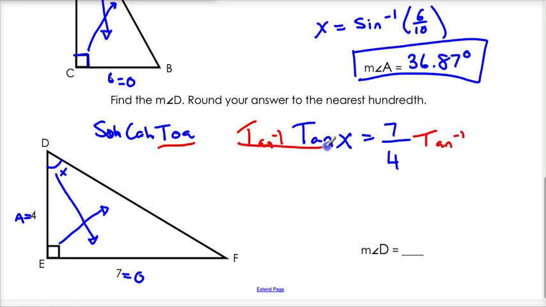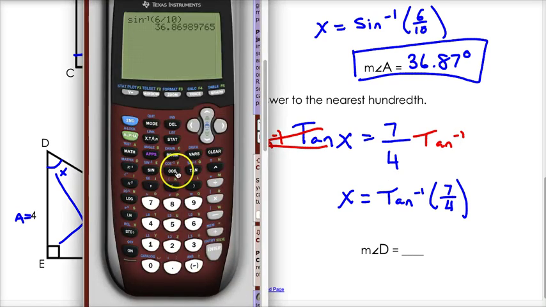And that cancels my tans out. Remember, inverses cancel each other out. So now I got x by itself. I'm just going to rewrite this as x equals tan of -1, 7/4. Now we just go to our trusty calculator, clear this out, and go to the inverse tan, with the -1, of 7 divided by 4.